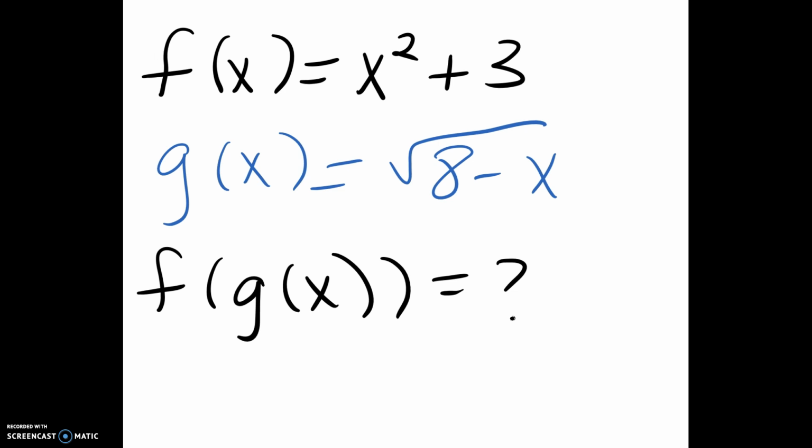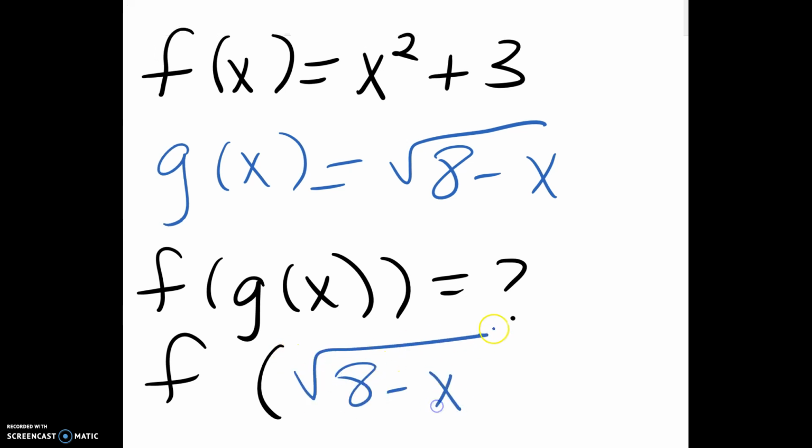So here's the deal. We know that f of x equals x squared plus 3 and g of x equals the square root of 8 minus x. So finding f of g of x is the same as finding f of whatever g of x equals, and in this case, g of x is the function the square root of 8 minus x.